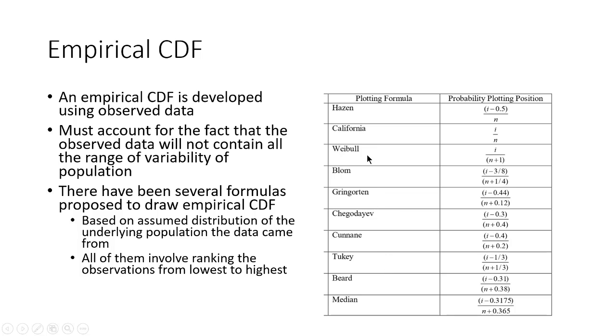And the plotting position formulas all use two parameters. One, they use i, which is the rank. So if I have a set of observations, I can sort them from the smallest value to the largest value, and of course the rank of the smallest value will be 1, and the rank of the largest value will be equal to the length of your sample size, or n.